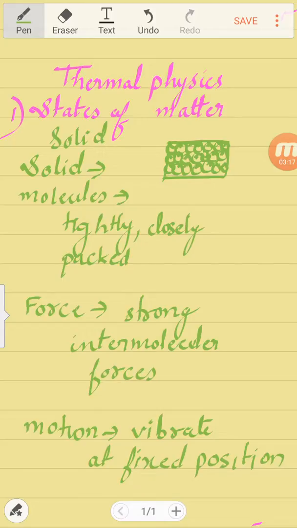For example, if you put a pen on the table, it will make a sound, but the table will not move. That's why they are saying vibrate at fixed position. Fixed position means in that position it will make sound, or it will move, meaning it will vibrate.